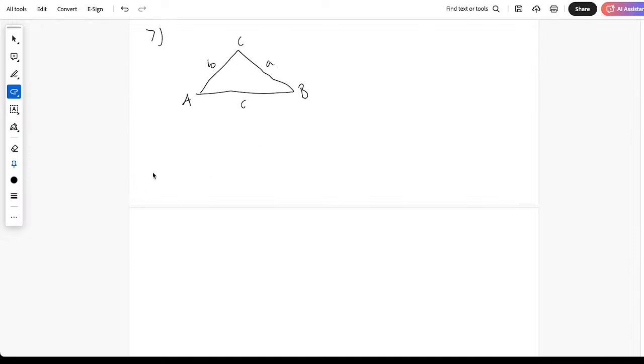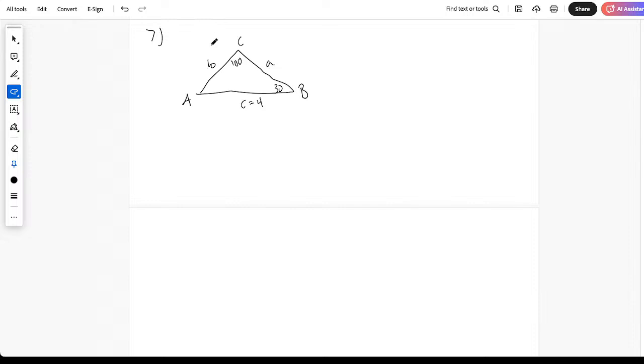Okay, and so it says little c equals 4. So side C equals 4. Angle C equals 100. Angle B equals 30. And so that is all of the information that it gives us, and it wants us to find angle A, side A, and side B.